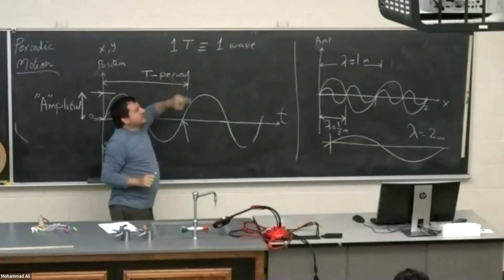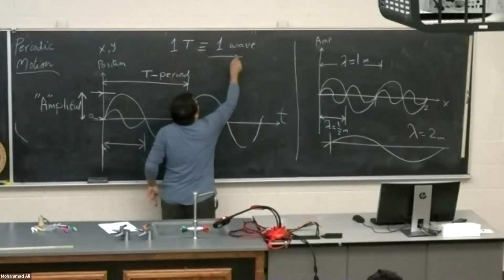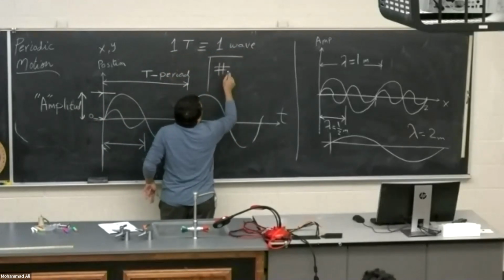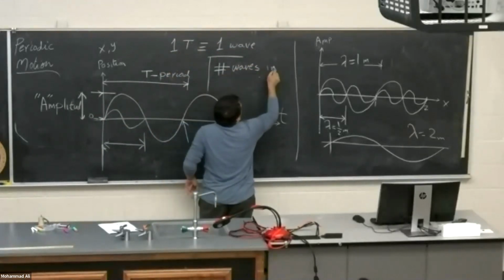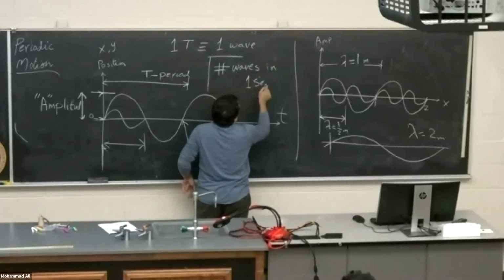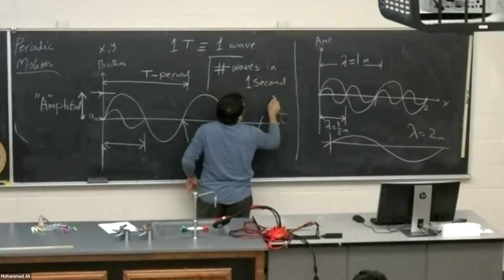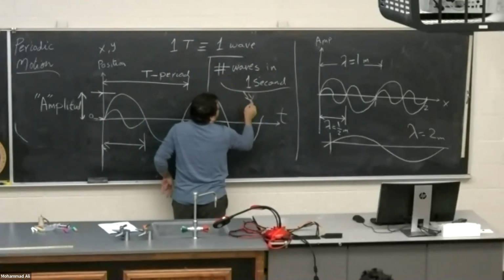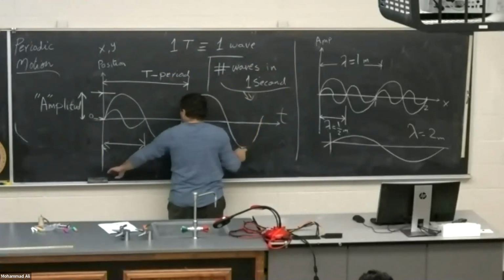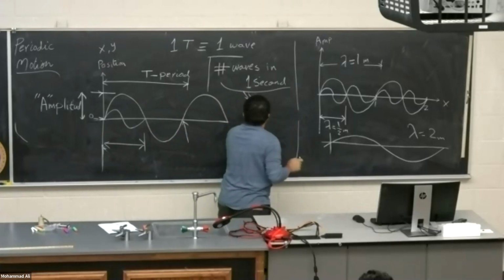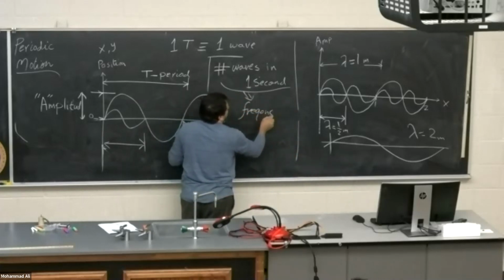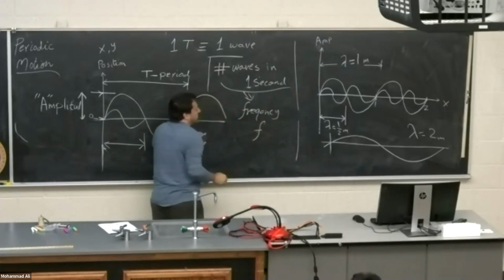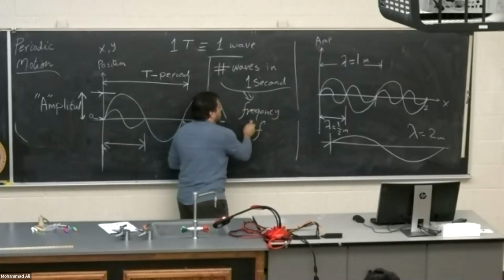This period in seconds. But if I ask you how many number of waves per second, in 1 second, this means the frequency. F, the frequency.